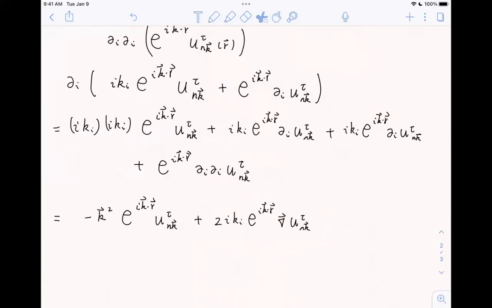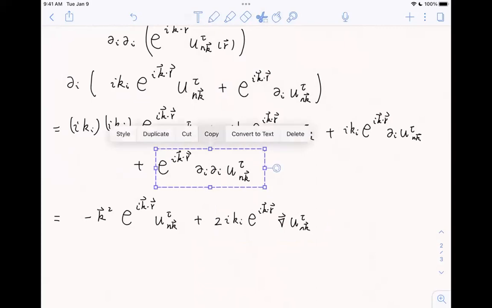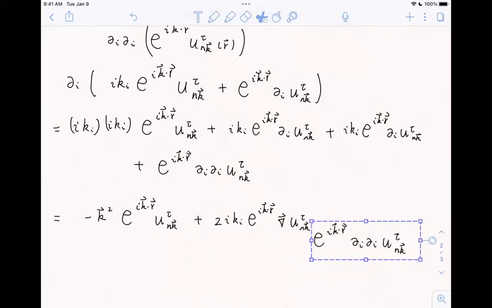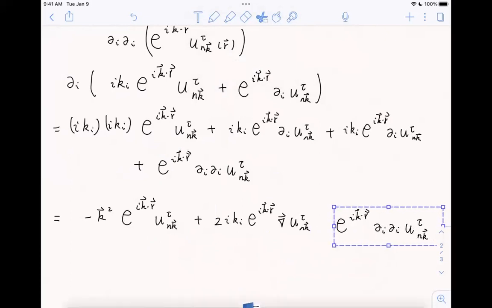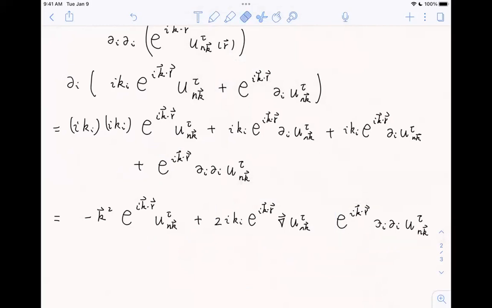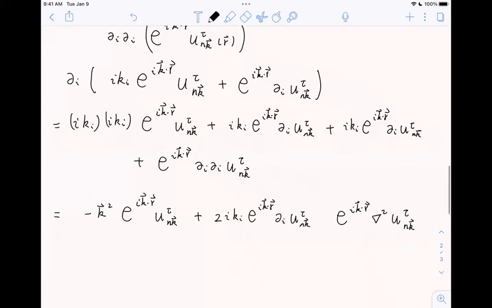Okay, so if you consider all of it, this one will be gradient square. By the way, this is not just gradient.